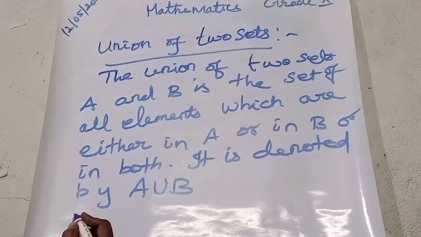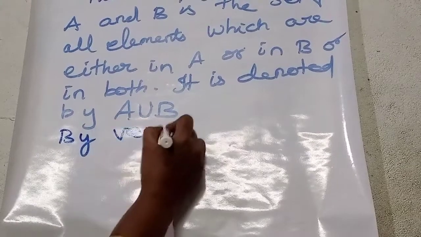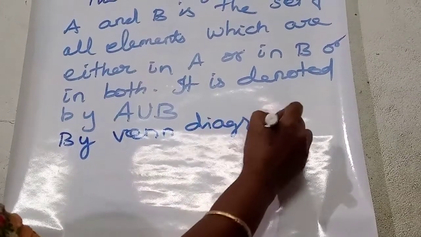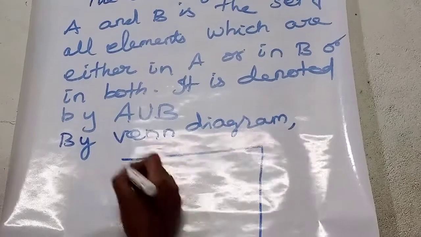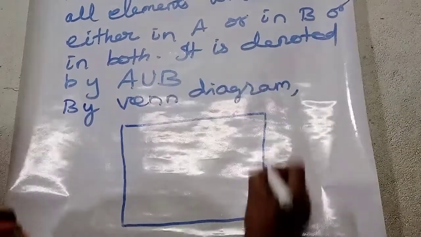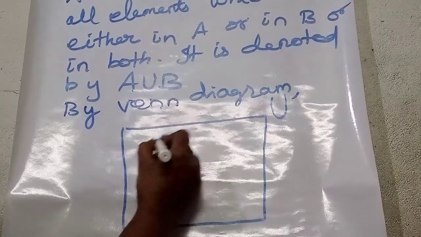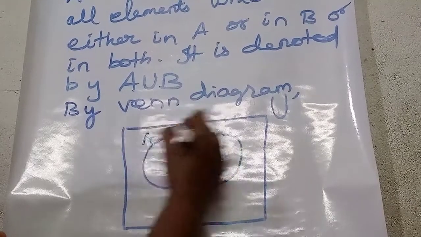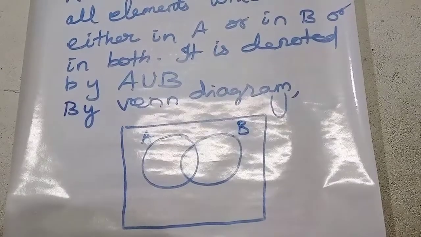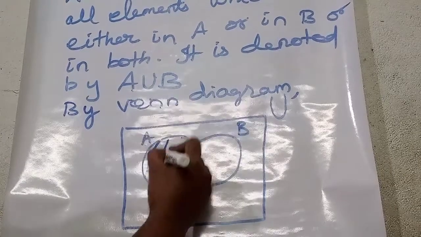By Venn diagram, let us consider the universal set and name it U. There are two smaller sets, A and B. If you want to show A union B, we have to shade both the sets together.